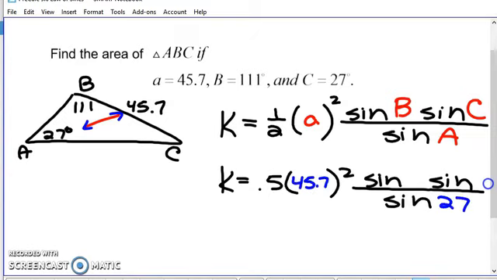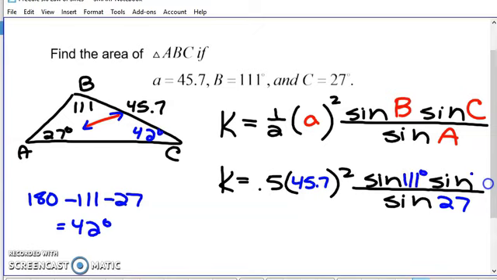And then the two remaining angles, of course I have to figure out the last one, which is easy. 180 minus 111 minus 27 is 42. So those other two angles of 111 and 42 go here.